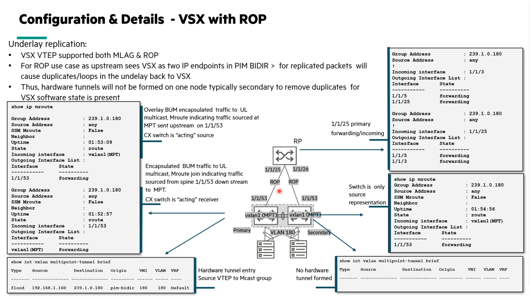And on a failure of the ROP or the primary chassis, the secondary would take over and the hardware tunnel would be formed and traffic would flow once the PIM tree is formed.